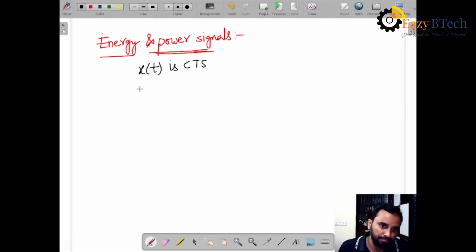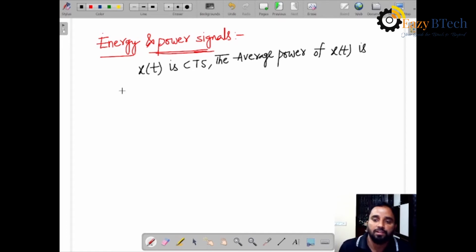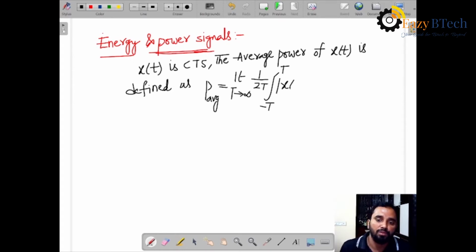The average power of x of t is defined as P average is equal to limit capital T tends to infinity, 1 by 2T integral from minus T to plus T of mod x of t whole square dt.